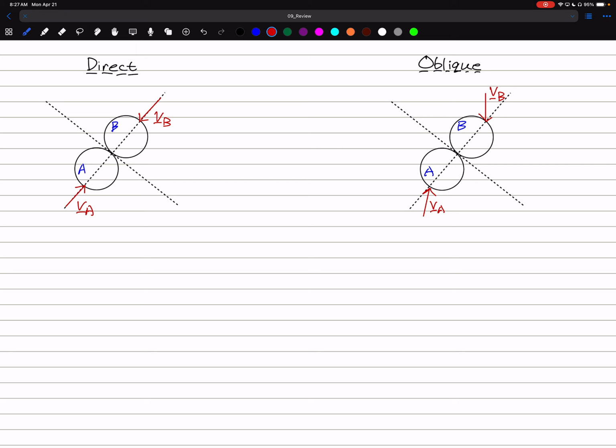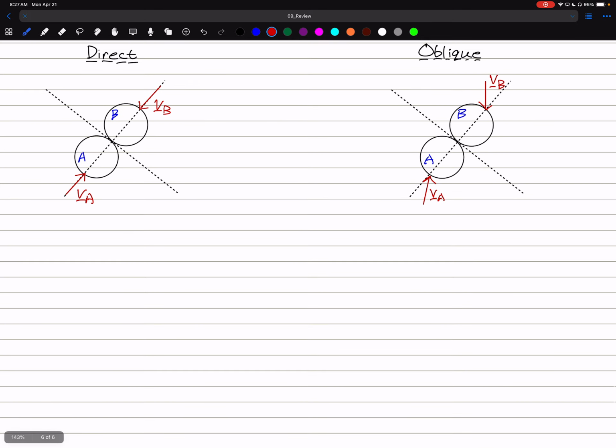So really the only difference is you have to do a decomposition in oblique. You have to transform the velocity vectors from whatever coordinate system they're in into one that's normal and tangential, with the normal lining up with the line of impact, tangential being normal to that.